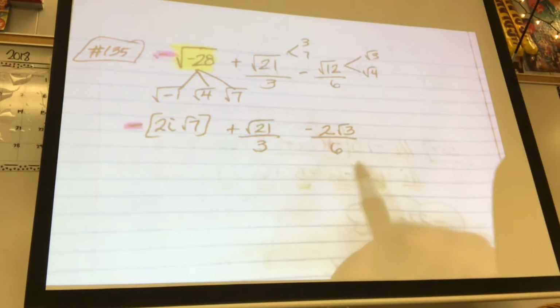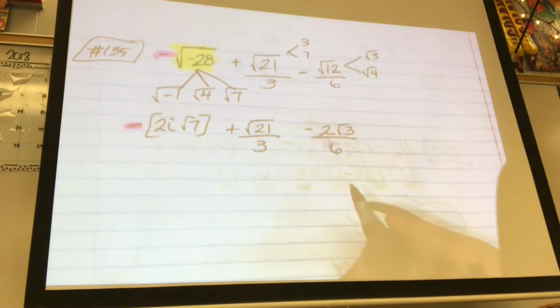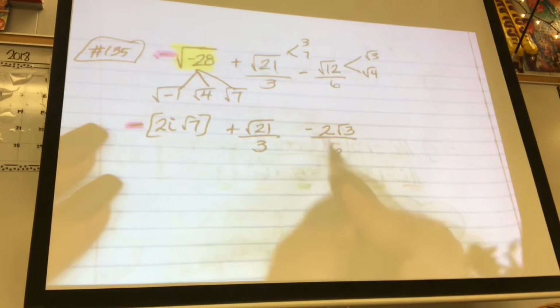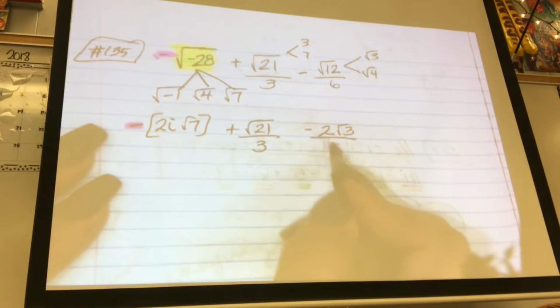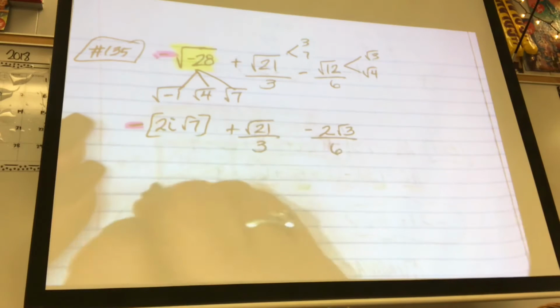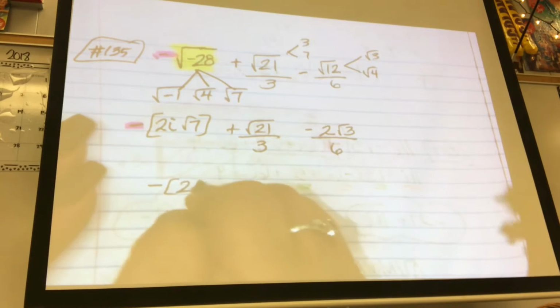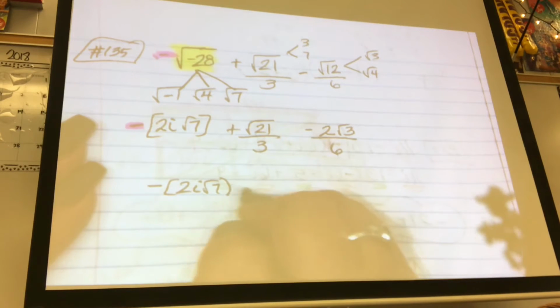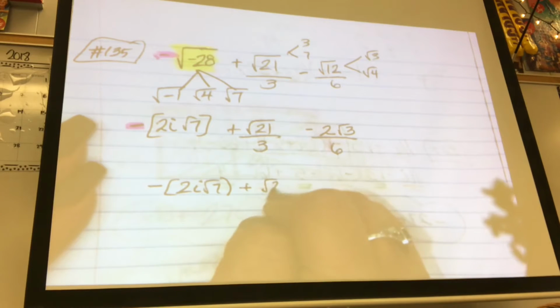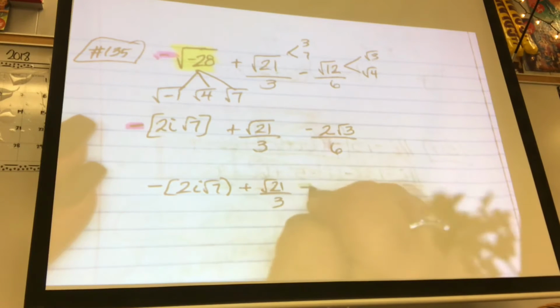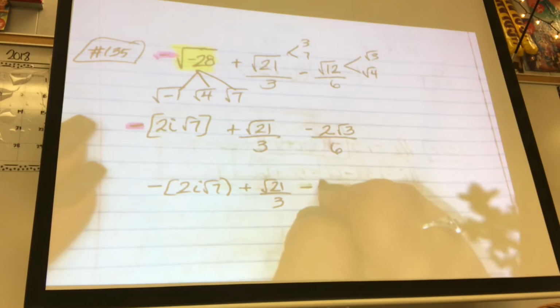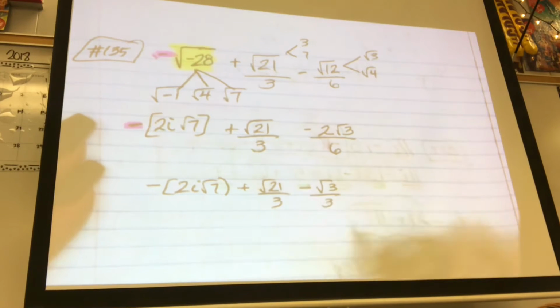This guy's outside, so now you can simplify. Y'all with me? Okay, so 2 over 6 reduces to what? 1/3. So I got a negative 2i rad 7 plus rad 21 over 3 minus rad 3 over 3.